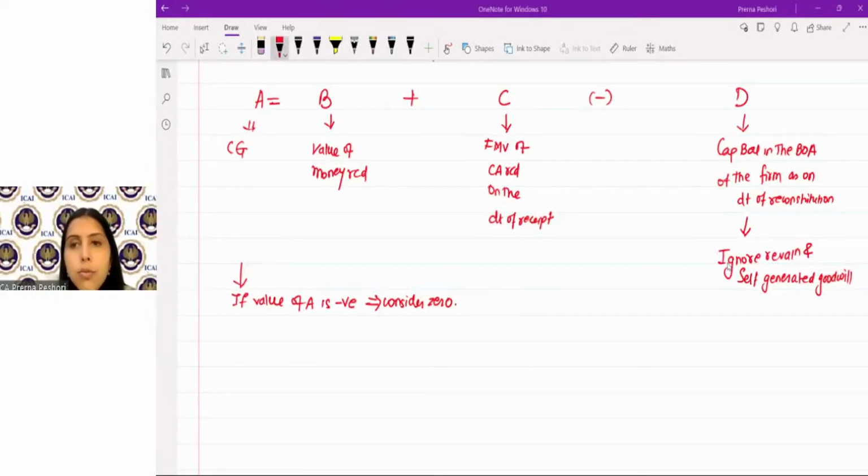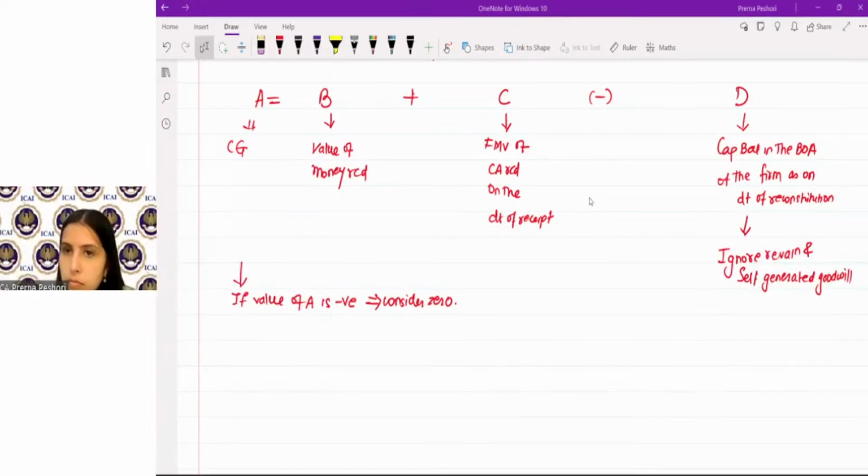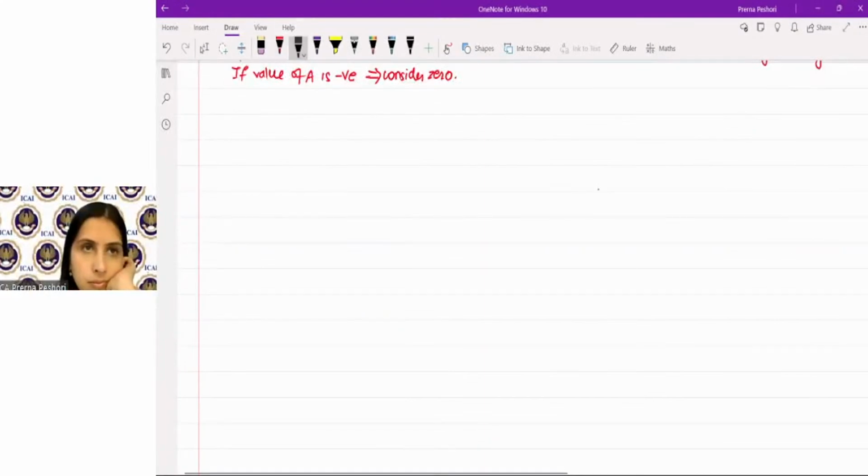So any increase in the capital account due to revaluation, self-generated asset or goodwill shall be ignored. Are we clear? Any doubt till now? So let's say I have increased the capital account by a revaluation which has happened during the year. You have to ignore the revaluation or the self-generated asset or goodwill. Are we clear? Any doubt? Okay. So just write it down over here: 9B versus 45.4.